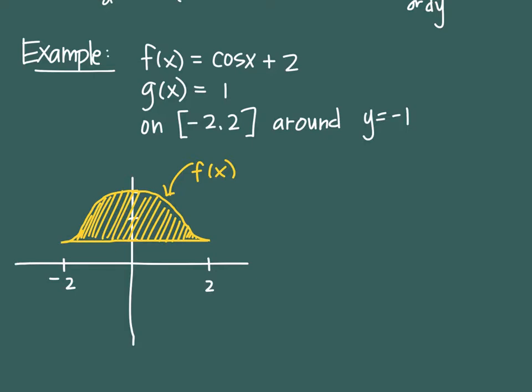Okay, I'm going to spin that through space around the line y equals -1. Now y equals -1 is down here. It's an imaginary axis which needs to essentially go through the center of the thing as I rotate it around.